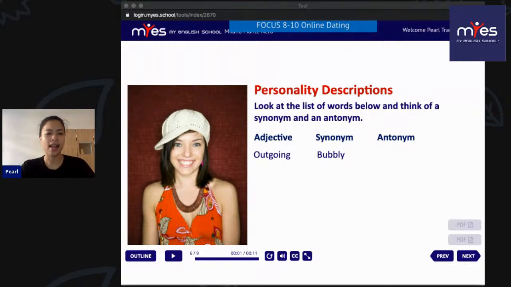Opposite of outgoing. I am not very outgoing. I am not very extroverted. I am actually the opposite. No, I'm actually very outgoing when I drink. Timid. Yes, timid or introverted.